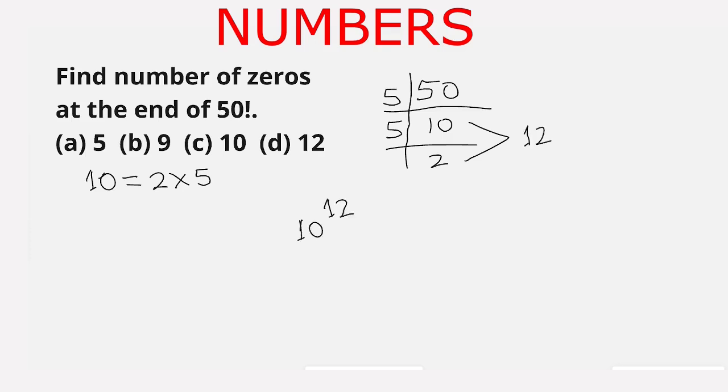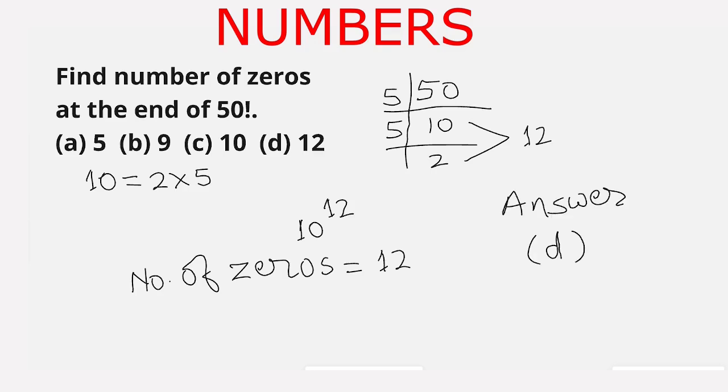So that will be the power of 10, 10 to the power 12 in 50 factorial. So the number of zeros is equal to 12 in 50 factorial. And from the given options, our answer will be option D, 12. I hope you have understood the method of solving such type of questions. We go to the next question.